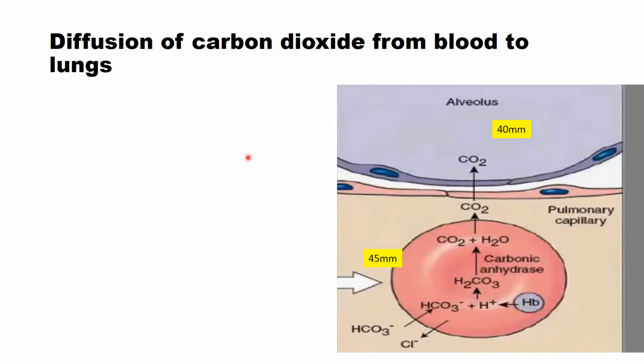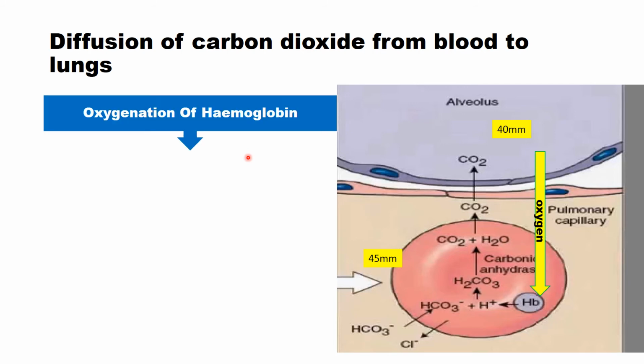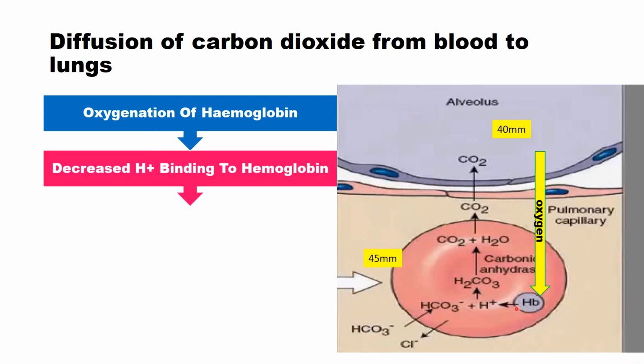At the level of pulmonary capillaries, there is increased concentration of oxygen, and this oxygen diffuses into the capillary blood, and it results in the oxygenation of the deoxyhemoglobin. The oxyhemoglobin so formed is a stronger acid. This oxyhemoglobin has a reduced tendency to bind with the hydrogen ion, as you can see here, as a result of which hydrogen ion will be released into the RBC.